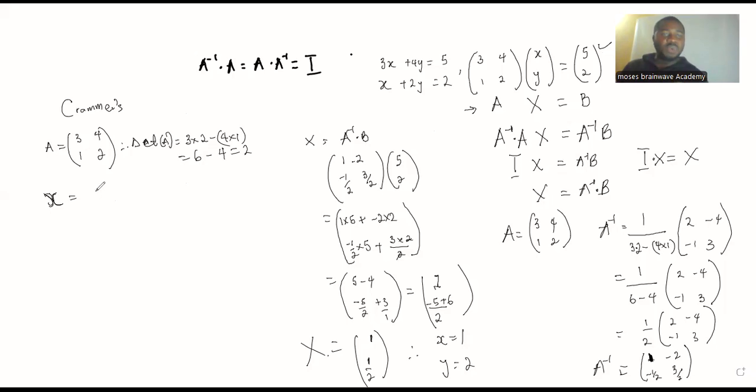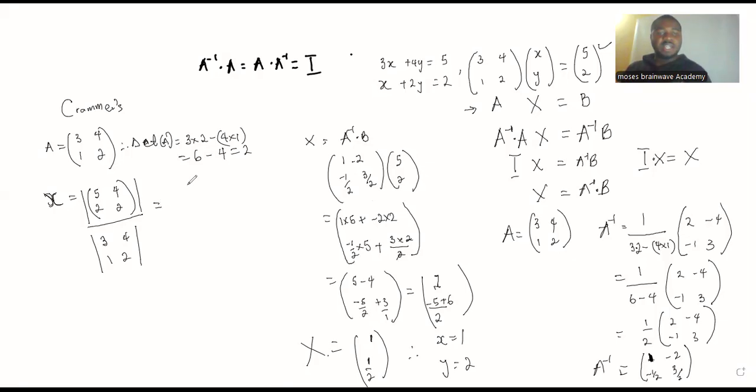So instead of 3, 1, I'm going to have 5, 2, then 4, 2, right? To get this variable X, I will divide it by the determinant of 3, 4, 1, 2, right? So I'm going to divide the determinant by this other determinant. Good. So here, what am I going to get?